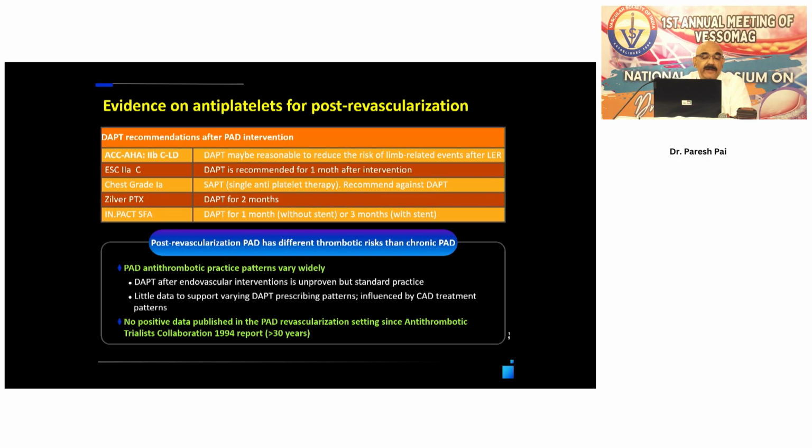So what are the DAPT recommendations after PAD interventions? You have different bodies. The ACC/AHA guideline says that DAPT may be reasonable to reduce the risk of limb-related events after lower extremity revascularization. The ESC recommends DAPT for 1 month after intervention.